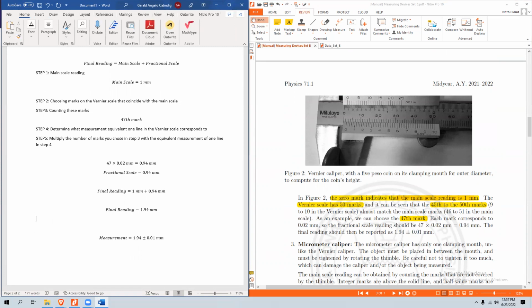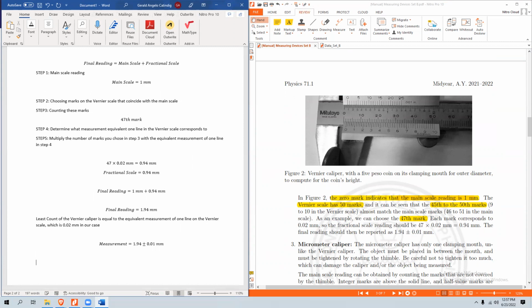So again, just to note this, the least count of the Vernier caliper, yung smallest na pwede mong ma-measure, is equal to the equivalent measurement of one line on the Vernier scale, which is 0.02 millimeters in our case.